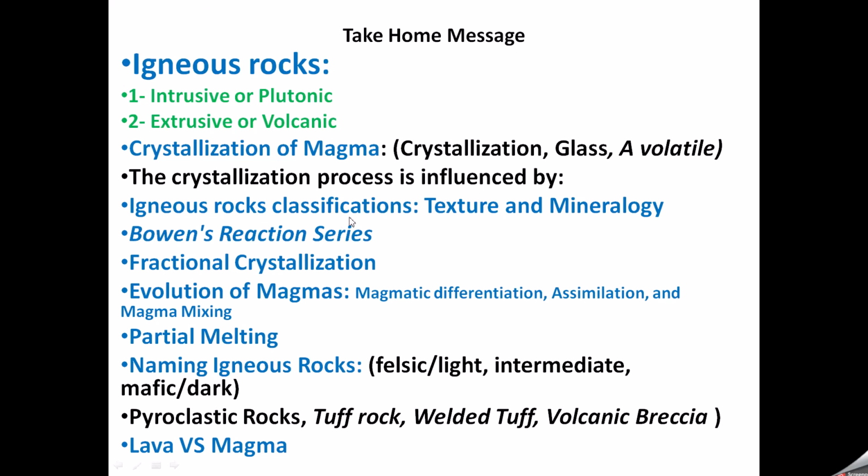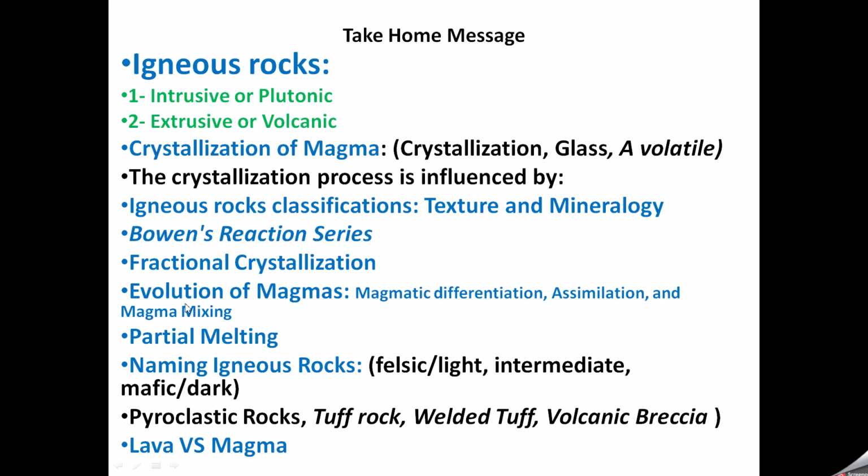Igneous rocks are classified based on texture and mineralogy. Texture is the crystal size, fine or coarse, and mineralogy is the type of minerals inside. In Bowen's reaction series, we found there are minerals that crystallize at the same temperature and form different rocks, and these minerals can react with the molten material. So this is what Bowen's reaction series told us.